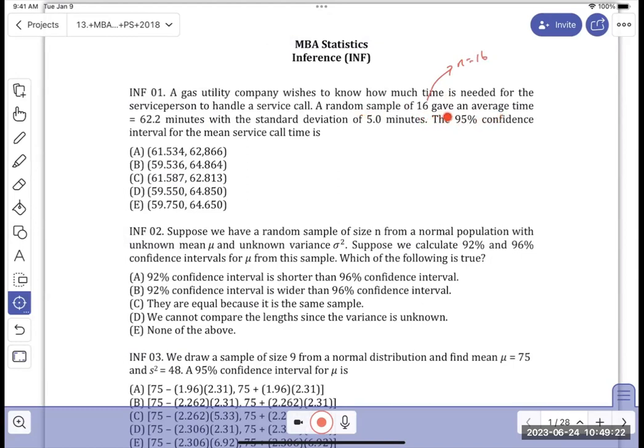A random sample of 16 gave an average time of 62.2. Let's just do this and then I'll explain why I'm doing it this way. What is this?